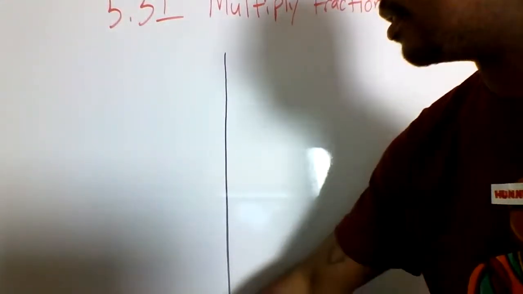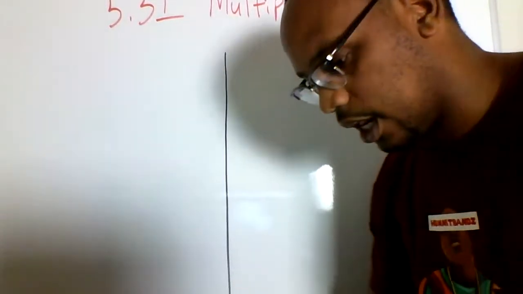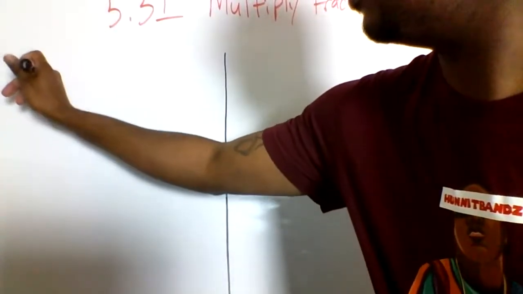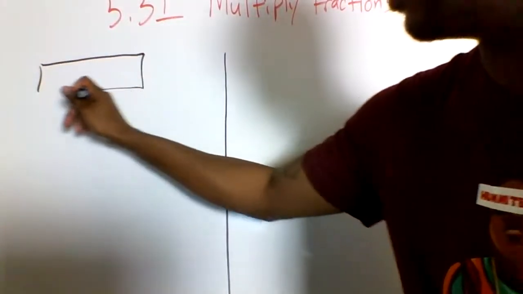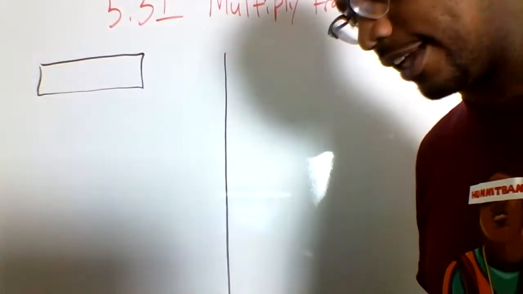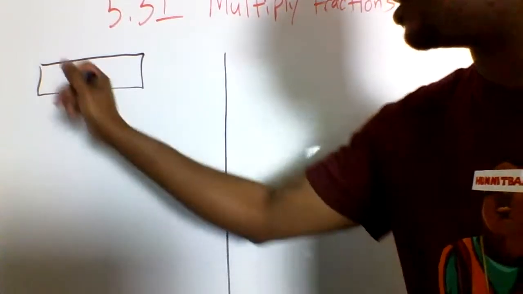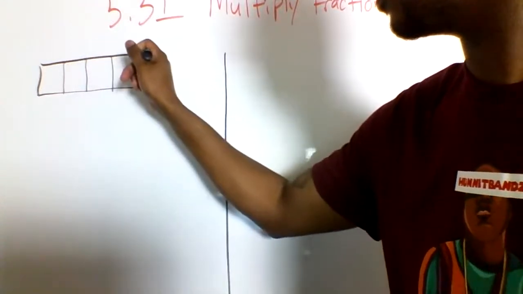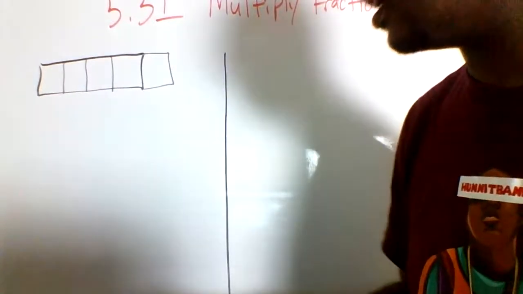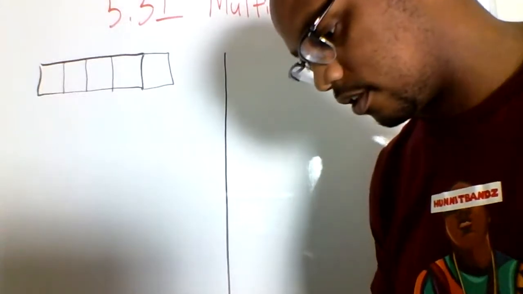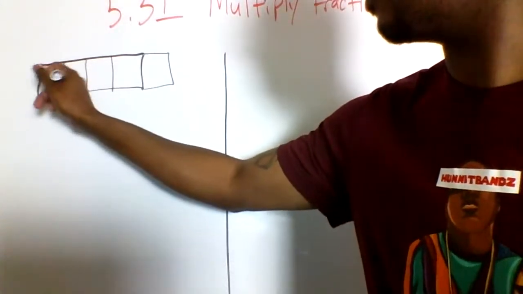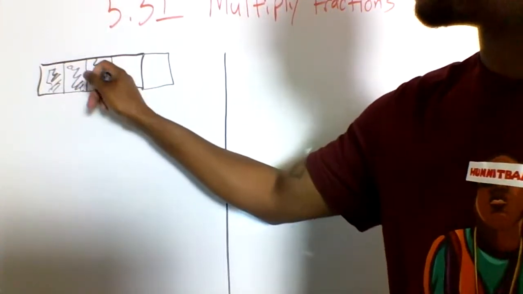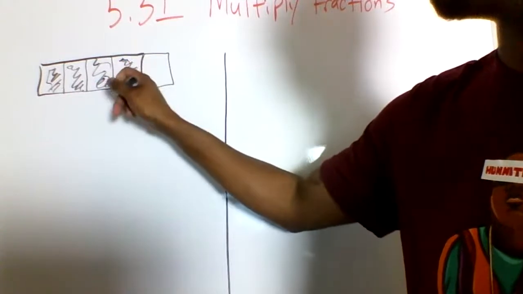So what that means is, if you look at what was shaded, that bushel was like a rectangle, right? And it looked like that. It had 5 pieces, and 4 of them were shaded, right?